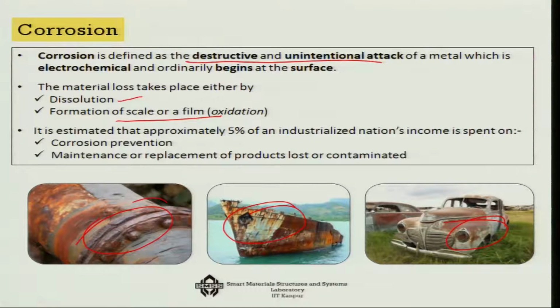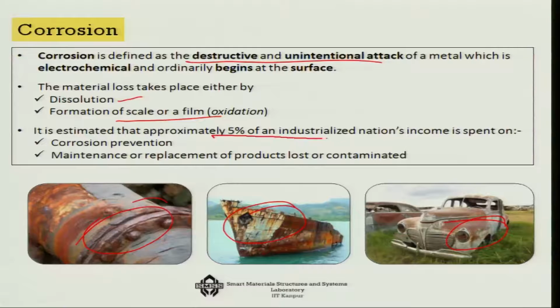For example, you take an aluminum vessel and you put water in it and then you try to heat it up, and you do this several times, you will gradually see that a layer of aluminum oxide will be formed over the aluminum at a higher temperature, and that will come like a green sheet over the aluminum, like a thin scale or film.